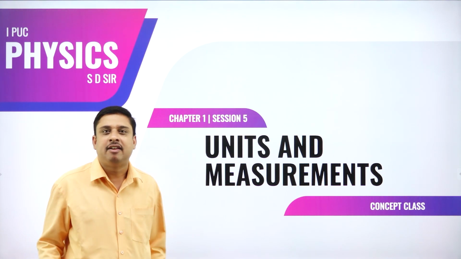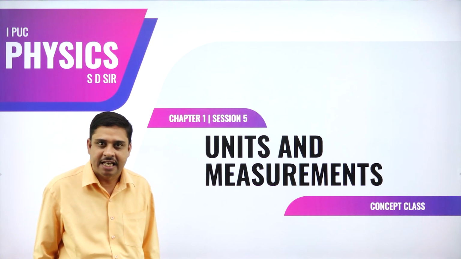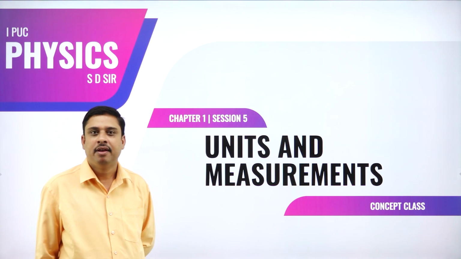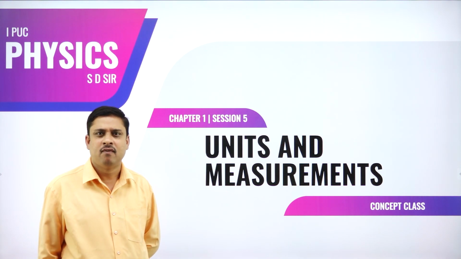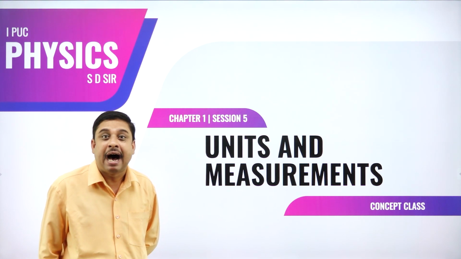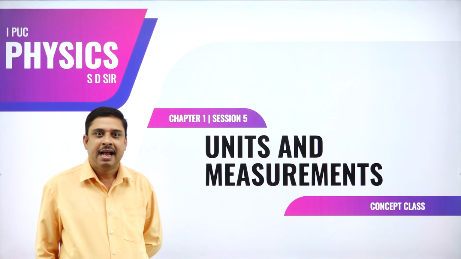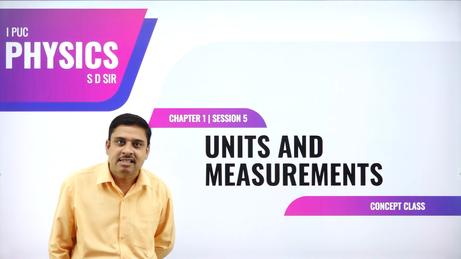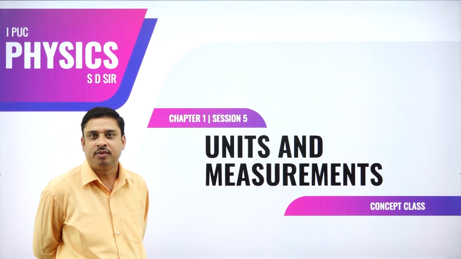Just to recall a few aspects of my previous discussion, where we defined error, we told error is an uncertainty in measurement. And mathematically, it is calculated as the actual value minus the measured value.